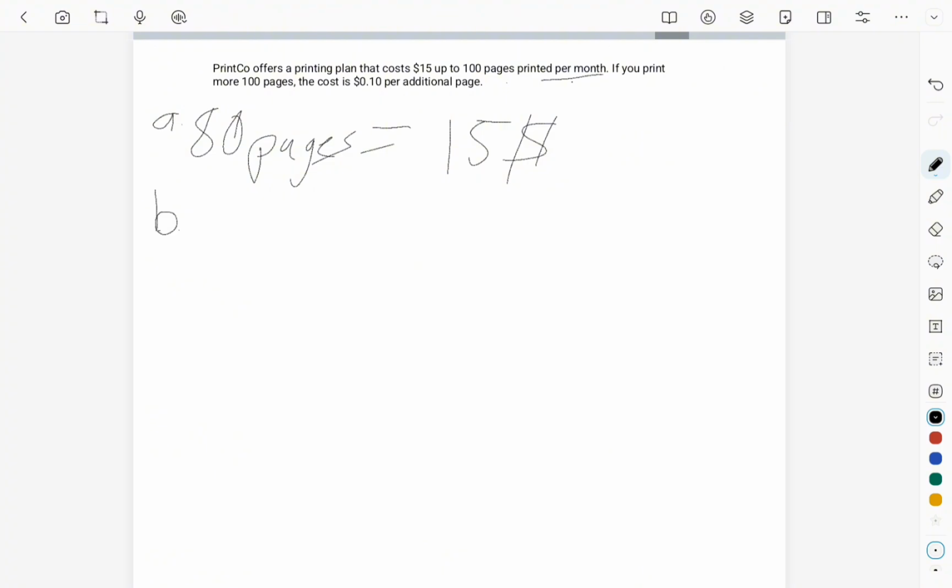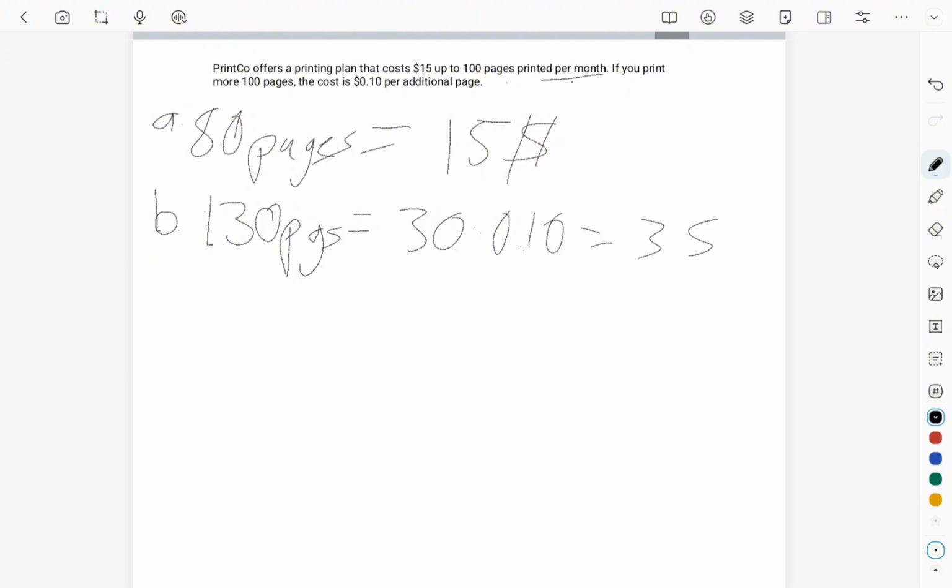Our next question is asking what our monthly bill would be for 130 pages. This of course goes over the limit of 100 pages, and our additional pages is 30. And we already know it's going to be 10 cents per additional page, so we just multiply 30 pages by 10 cents.